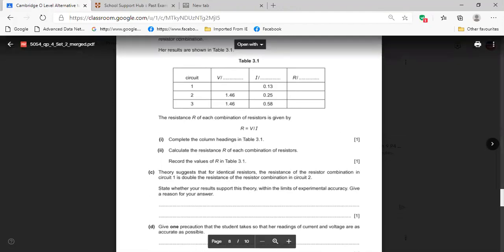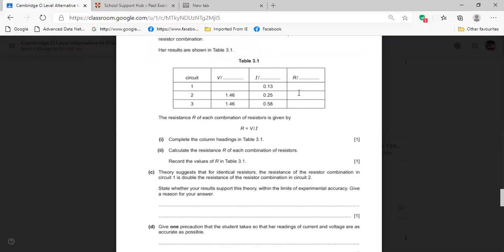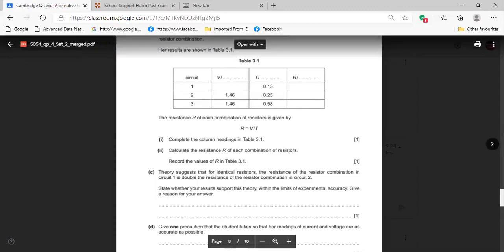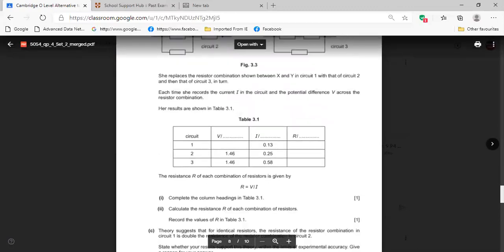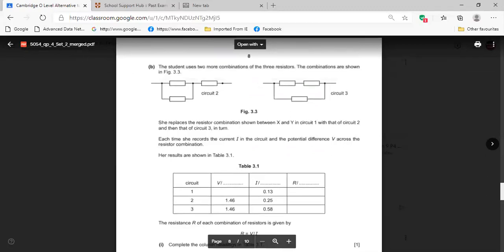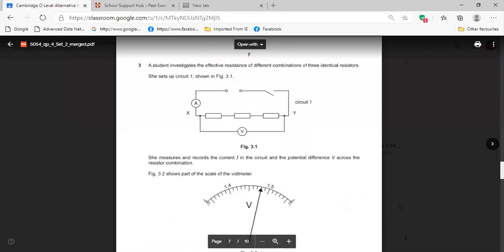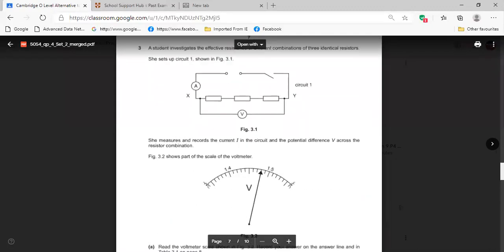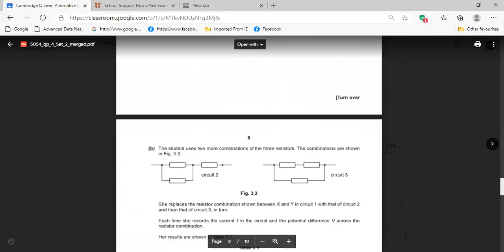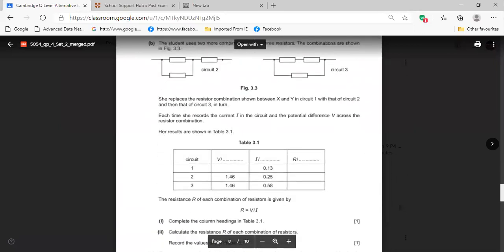You see, in 3.1 we have the R here, so you should record them, right? Look here, circuit 1, circuit 2, circuit 3, right?